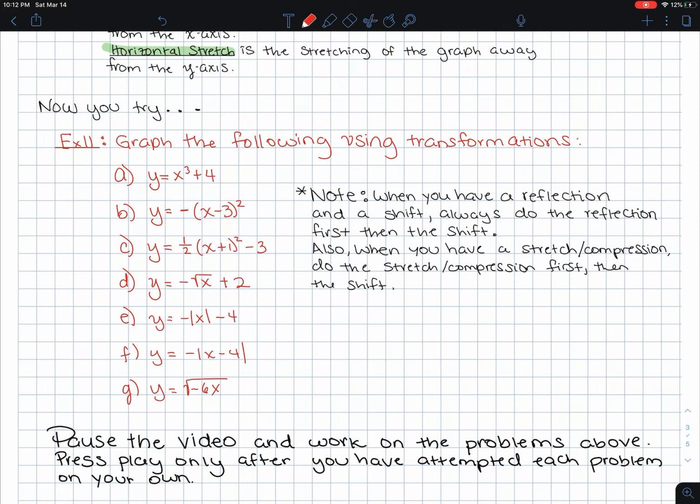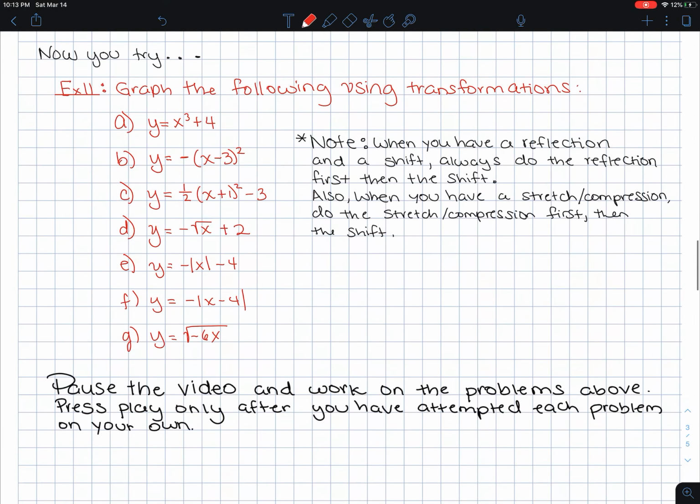If you don't do the reflection first, there's a possibility that you can get the incorrect graph, because of negative values and whatnot. Oh, and when you have a stretch or compression also, it's better to do that one first before you do the shift. Okay, go ahead and pause the video and try these problems for yourself.